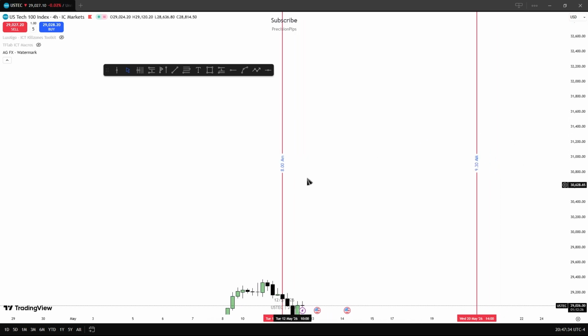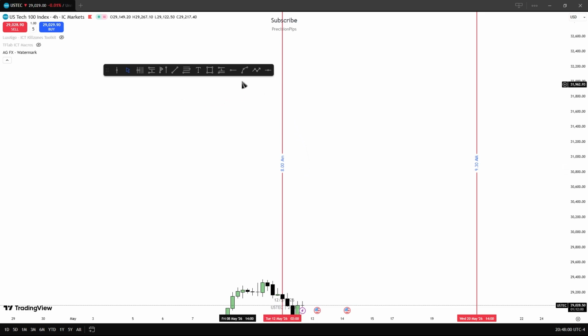So what do we want to look for to make this model valid? The Venom model is based on the liquidity sweep. If you are bearish or bullish, you need to mark up the high and the low of the pre-market session.